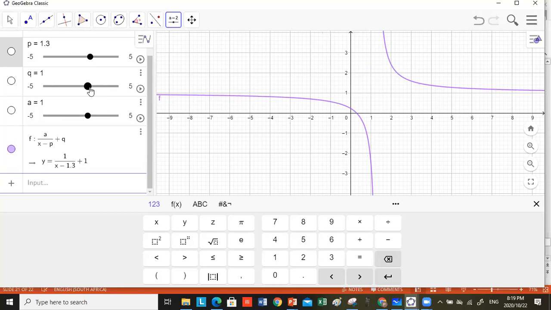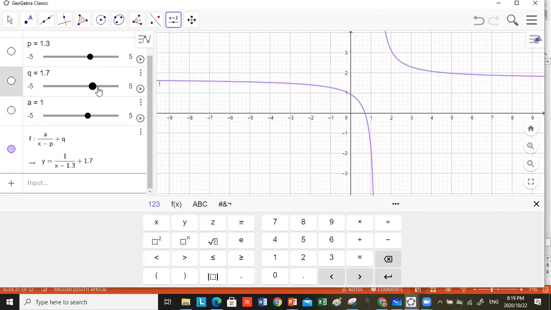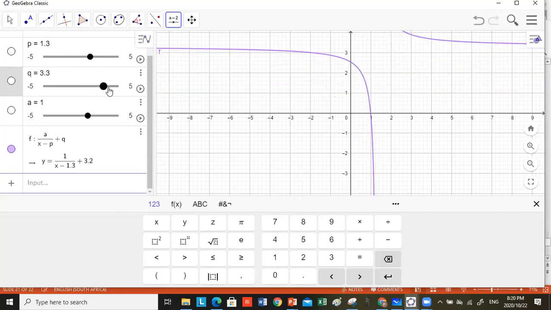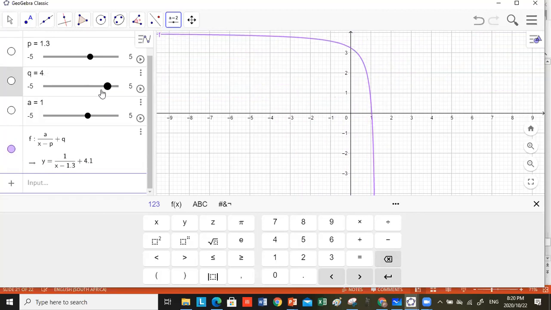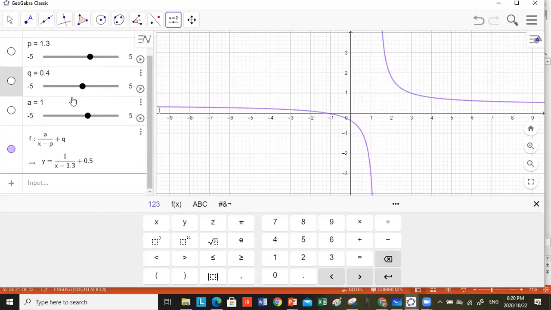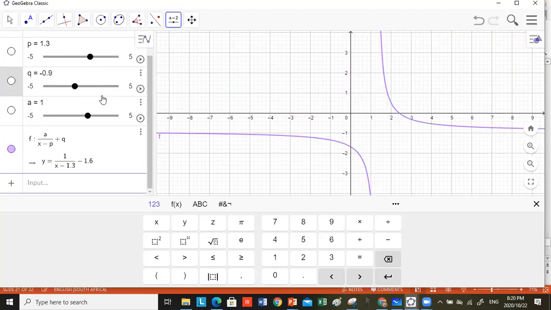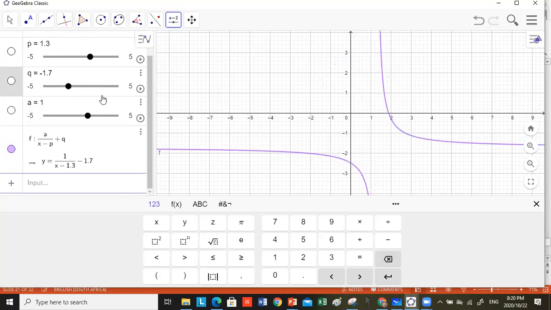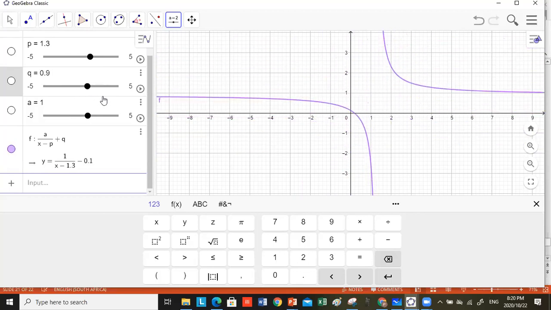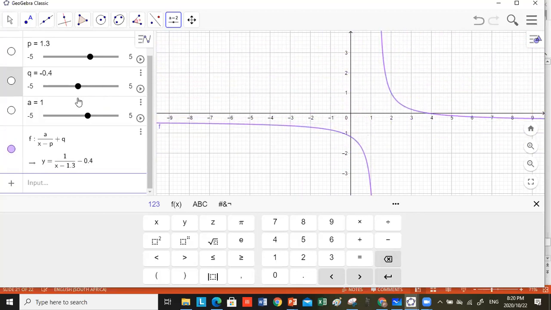What is happening if we interfere with the q? If q is increasing, the function is moving upward, but it is maintaining its shape. Decreasing it, it is shifting downward. So this is what is happening all the time when we are interfering with it.